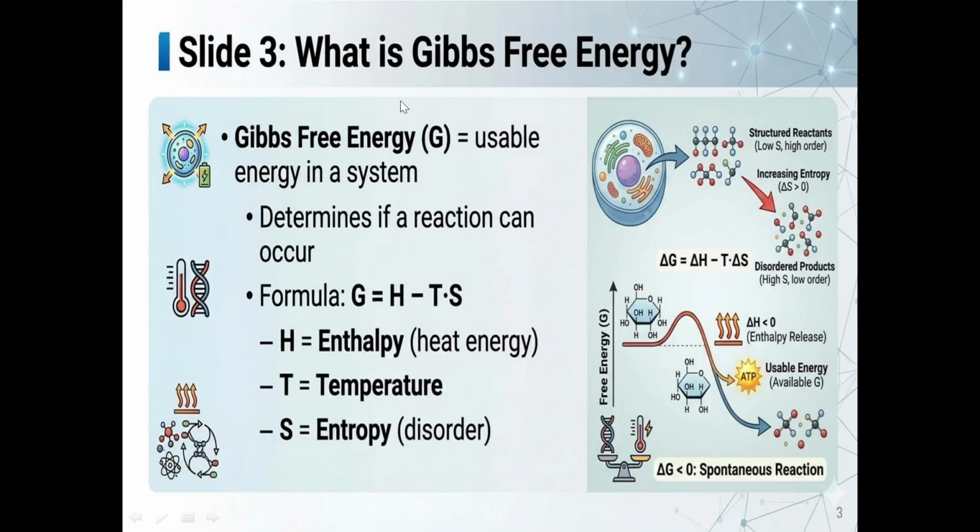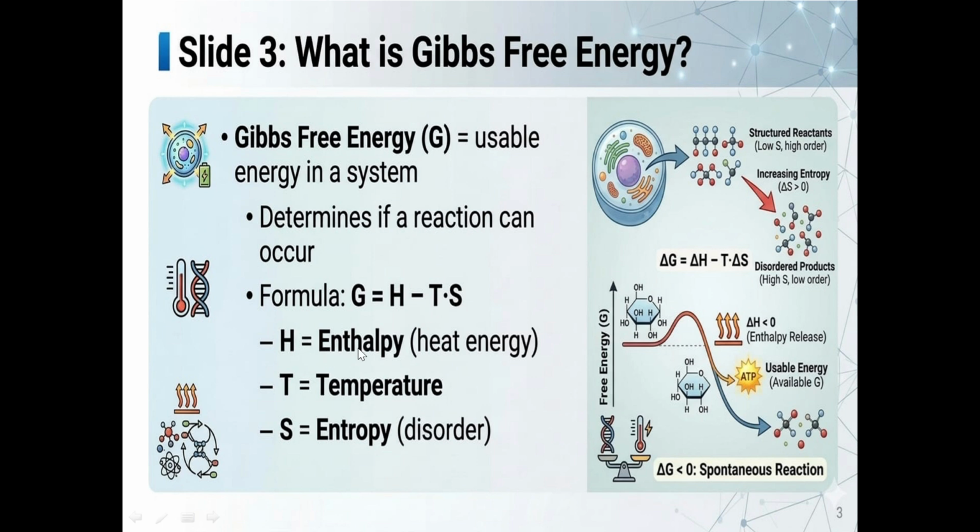So first of all, the first concept in bioenergetics is Gibbs free energy. Gibbs free energy is the usable energy in a system. It determines if a reaction can occur or not. For example, the formula of the Gibbs free energy is G equals H minus TS.